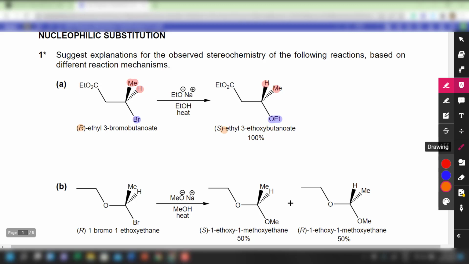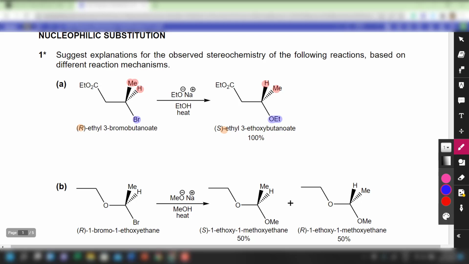The reason being the RS configuration does change depending on how you assign the priority to the substituents. So it is possible that even though there is an inversion of stereochemistry, the way you name the chiral center, it could go from R to R instead of R to S or S to R. So looking at the RS configuration alone might not be a good indication of whether there's an inversion.